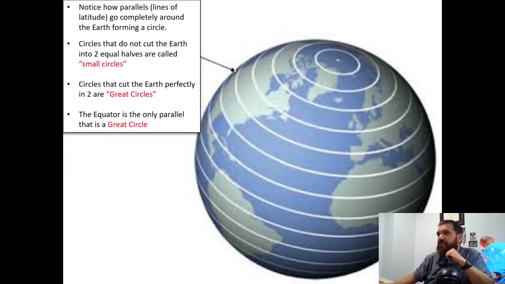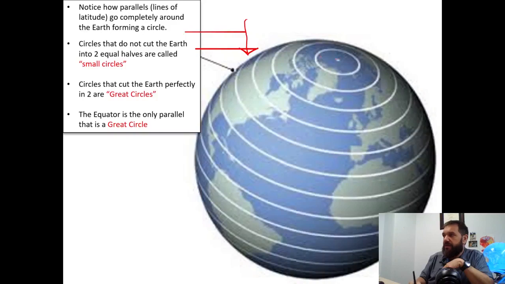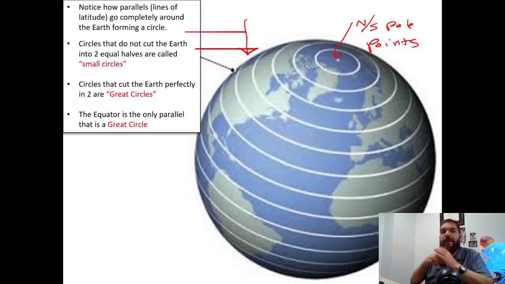Okay. So just notice here how parallels, this is a picture of the Earth with all the parallels on it. Notice how the parallels are circles. I guess the only one that's not a circle is the North and South Pole, and those are actually points. They're just single points rather than a circle.